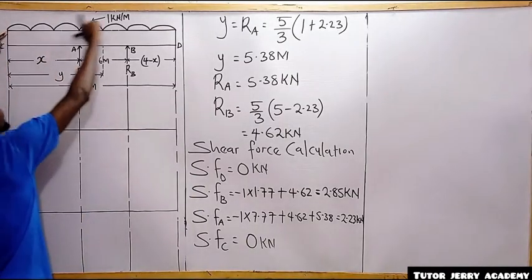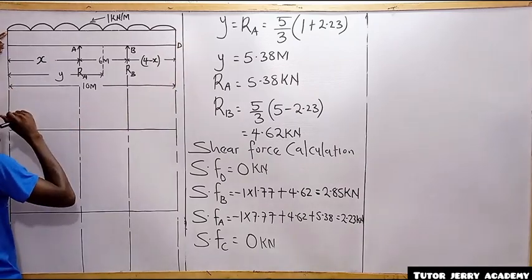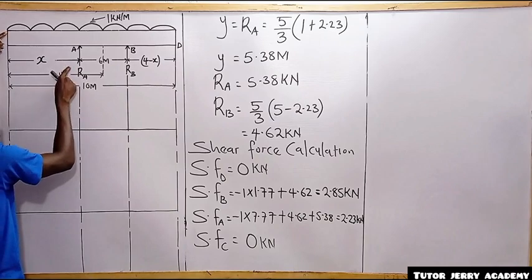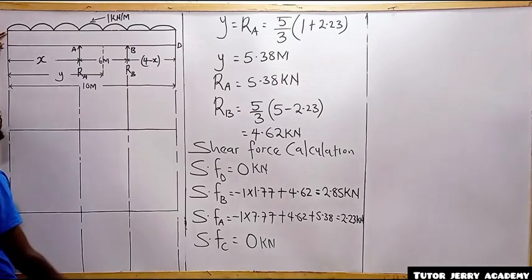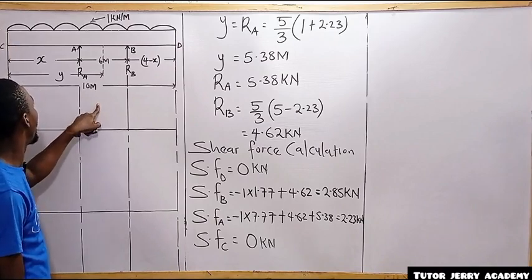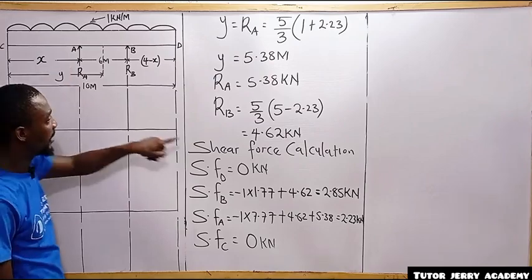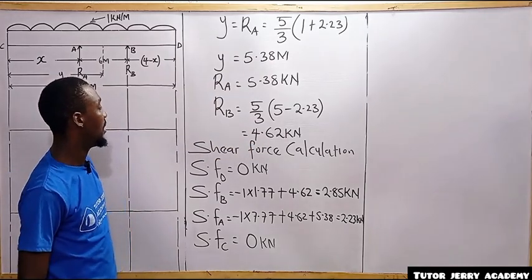That is the uniform distributed load 1 multiplied by the total distance, that is negative 10, then minus reaction at A minus reaction at B. That is negative 10 plus our reaction at A and our reaction at B. That should give us 0.